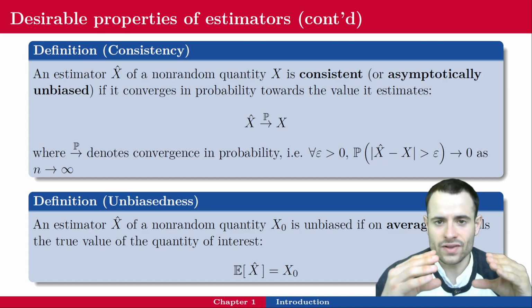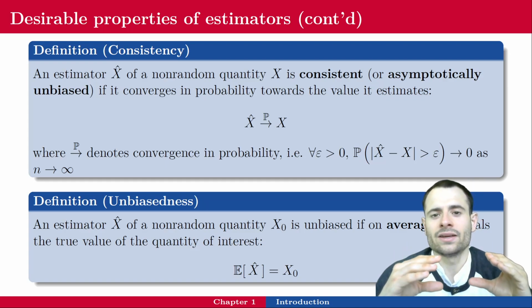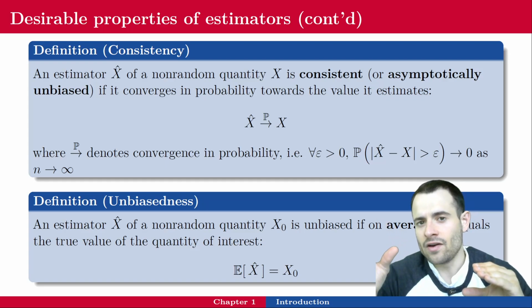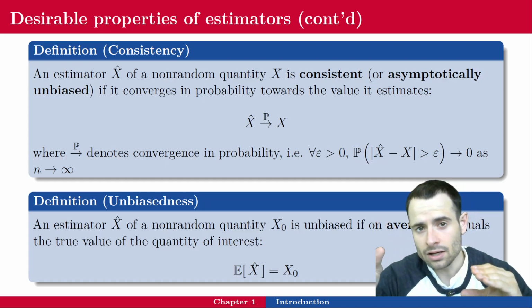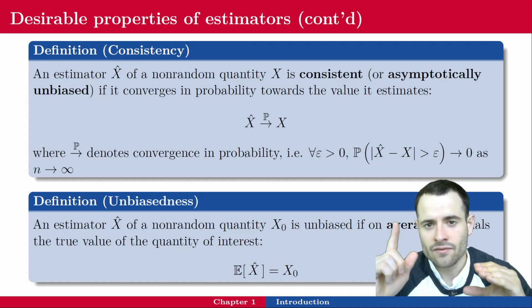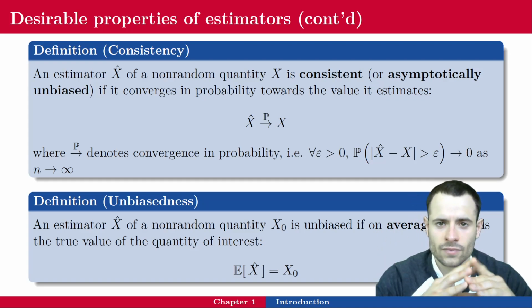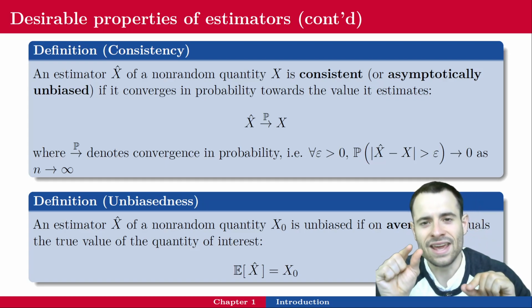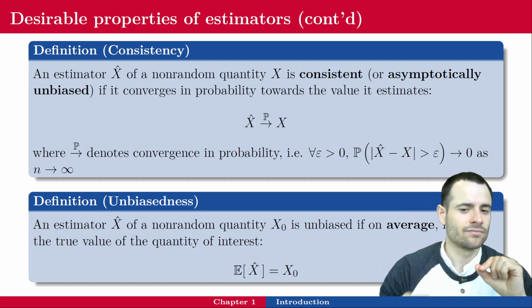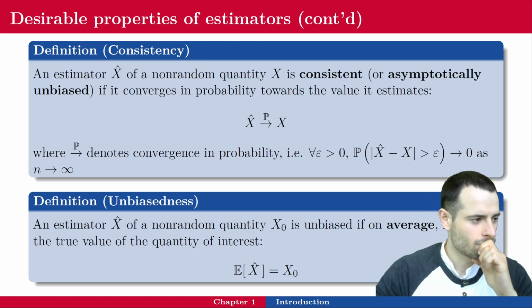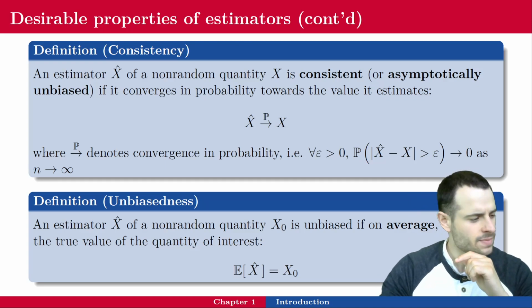So, on a given sample, you will always be biased. But if your sample is very, very big, the bias will be very, very small. Still biased, but a tiny bias. Does it make sense?